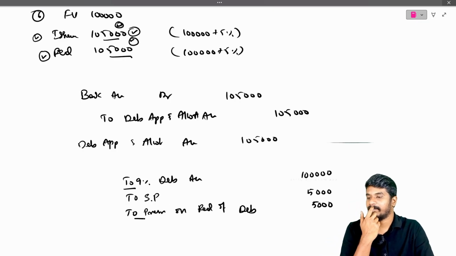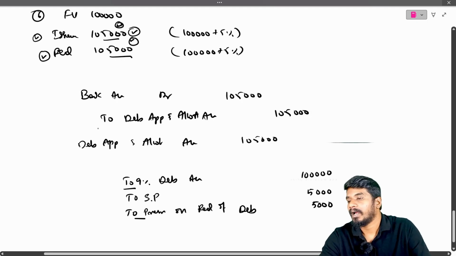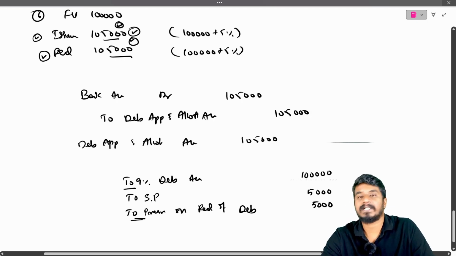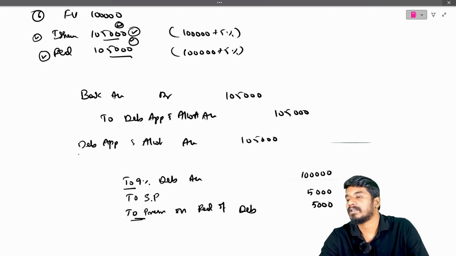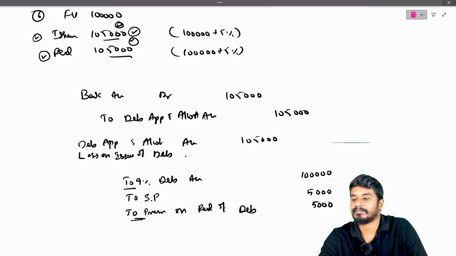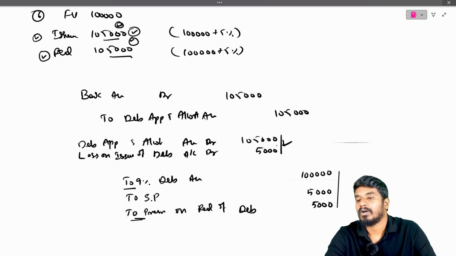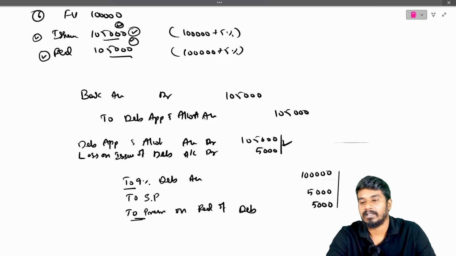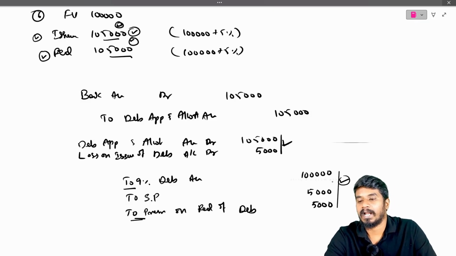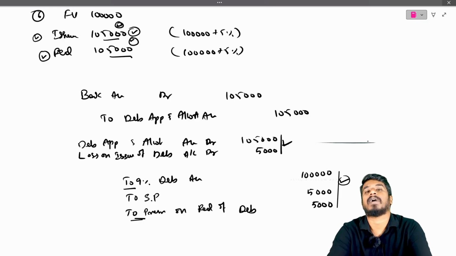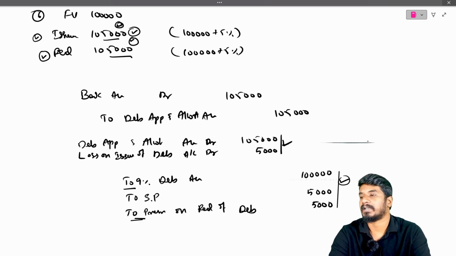Correct. So extra we will show it as a premium, and also the same premium will get debited as loss on issue of debenture account for 5,000. Correct. On the debit side, 1 lakh 10,000. On the credit side, it is 1 lakh 10,000. Both are matching. The solution is 100% right.